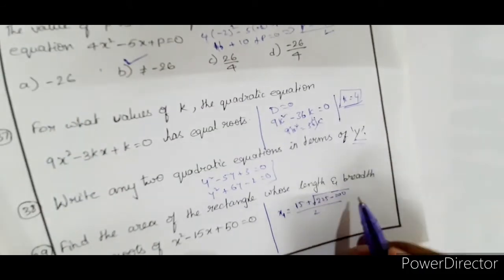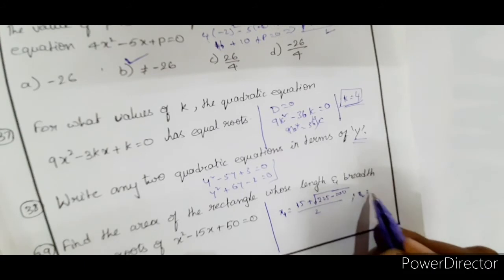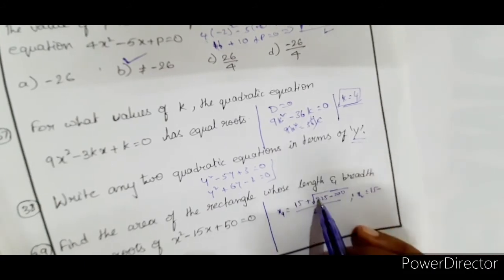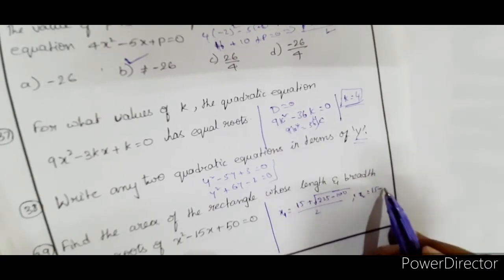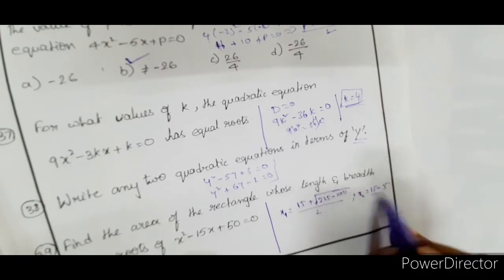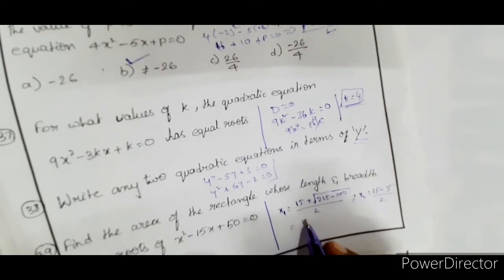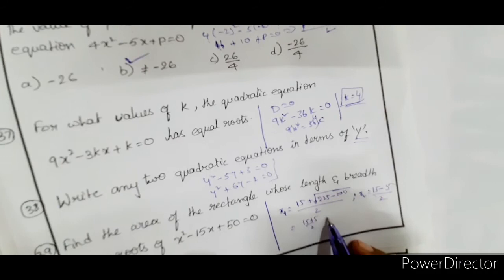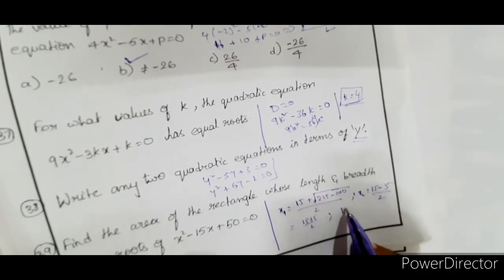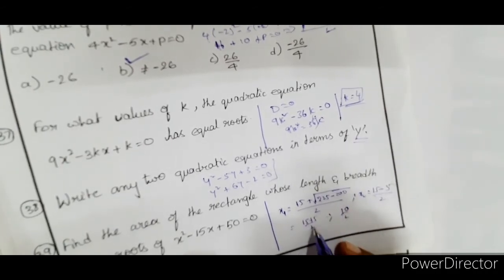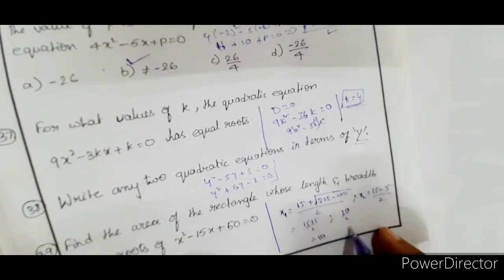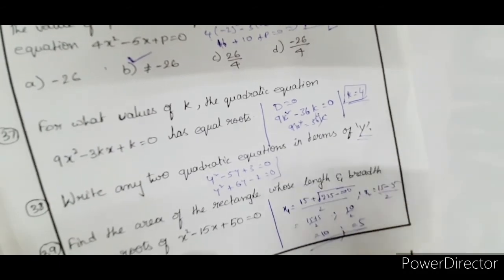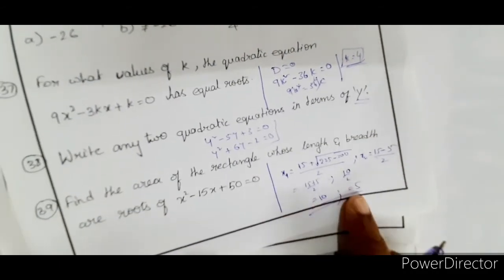This is one root, right? And x2 is equal to 15 minus the square root of 225 minus 200, the root is 25, that is 5, by 2. So one is 15 plus 5 by 2 and the other is 15 minus 5 by 2. That is 20 by 2, which is equal to 10, and 10 by 2, which is equal to 5. So I got both the values. One is 10, one is 5.